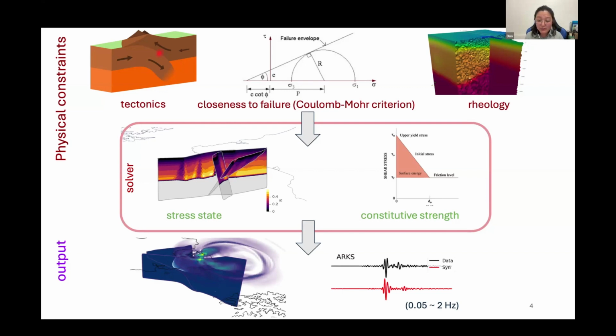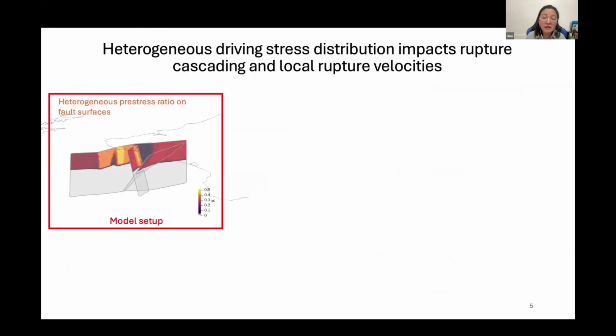We can also output seismographs at a specific seismic station, and compare the recorded and the simulated seismographs to confirm the model has been correctly set up. So this is a brief introduction. If you're interested in the details, I'm happy to talk more. But I will quickly go into some results.